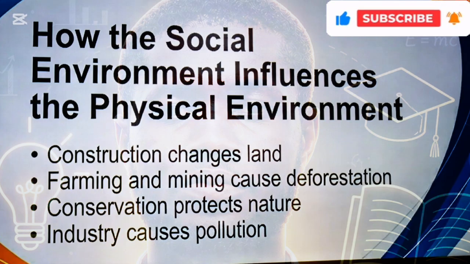So let's move on to how the social environment also influences the physical environment. Farming and mining are occupations, so they form part of the social environment, and these activities affect the land. Currently in Ghana, the menace that we are fighting, galamsey, illegal mining, destroys the physical environment.